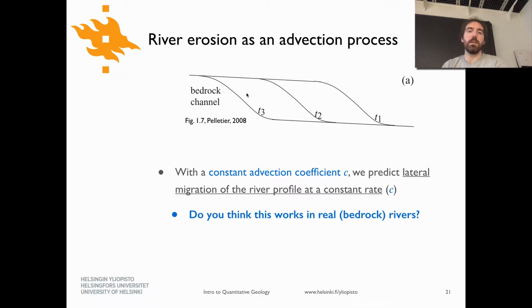So if you imagine this is a natural landscape where there's some kind of flat or somewhat flat surface, and then a steeper slope and a flat surface, what might prevent a natural river system from behaving this way? Do you have any ideas?